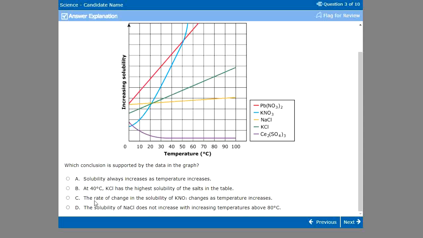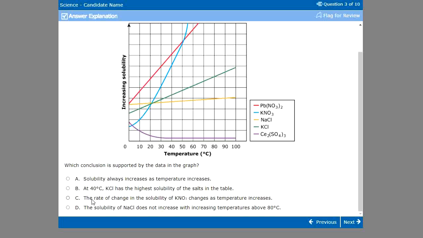The rate of change in solubility of potassium nitrate changes as the temperature increases. Okay, that is a tricky sentence that we have to understand here. What does that mean?